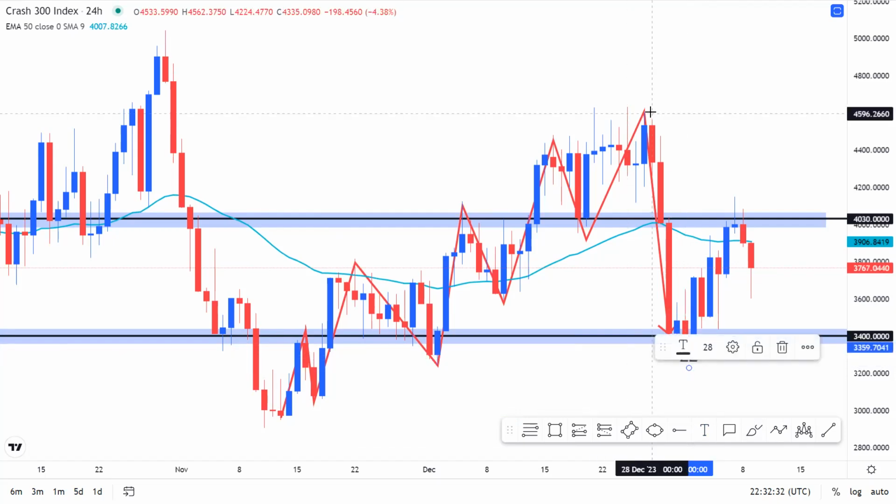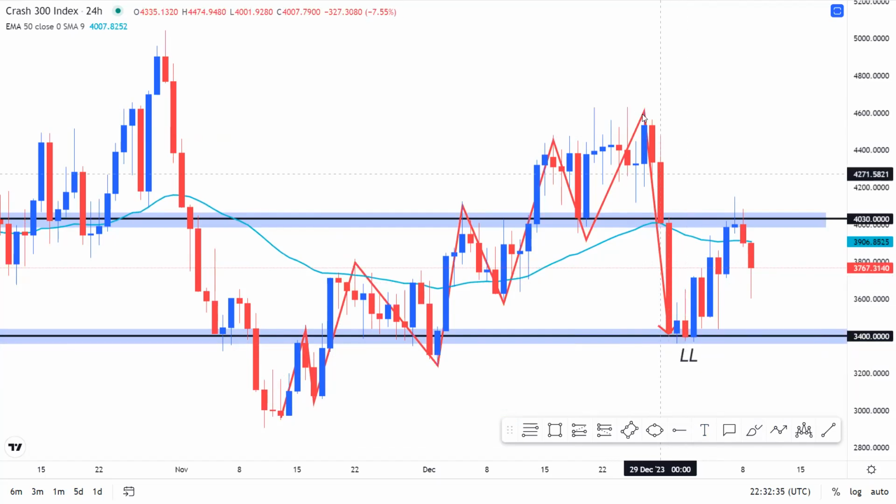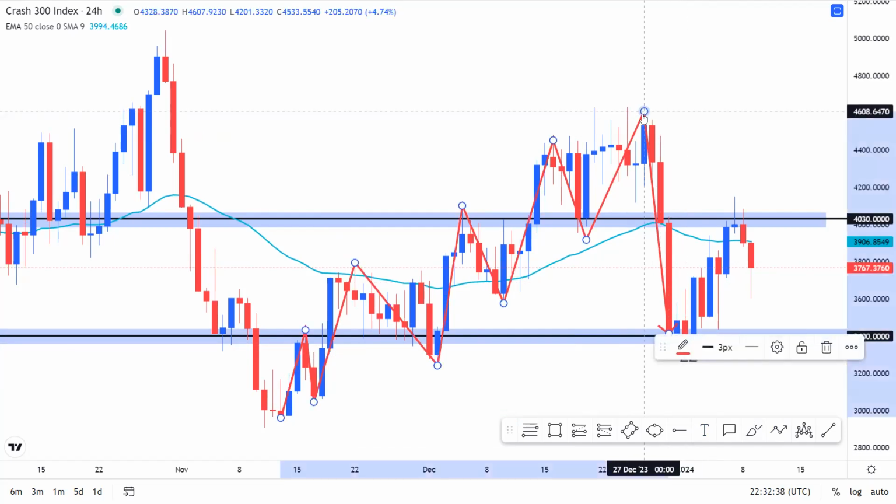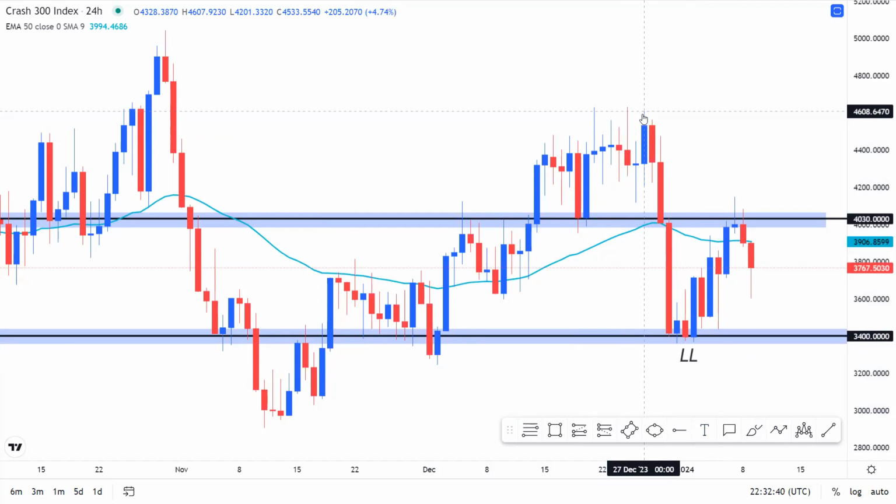And then, of course, we have this being the swing high that led to this swing low. So clearly, we have the daily time frame in a bearish market structure. Safe to say, I only want to be looking to sell Crash 300 index.